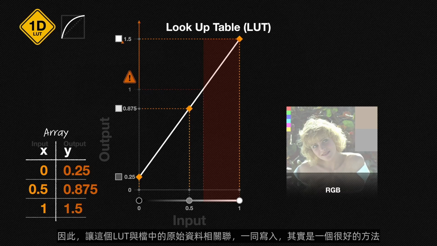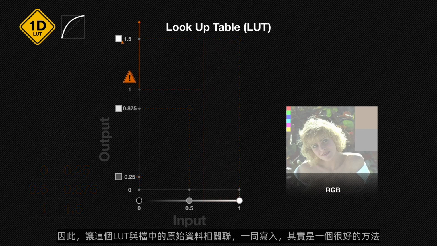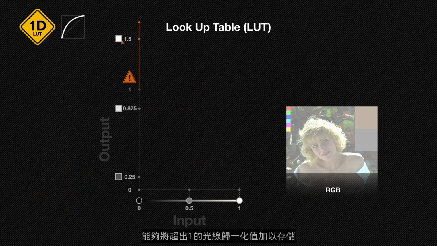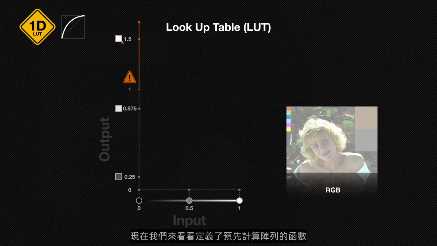So having this LUT associated with the original data written in the file is actually a good way to store normalized values that represent light beyond value 1 and still be encoded and contained in a certain bit depth. If you are hearing the term bit depth a lot and you are unsure about that, no worries, we will talk about this later. Now, let's have a look at the function that defines this pre-calculated array.